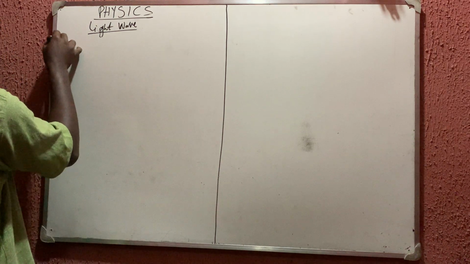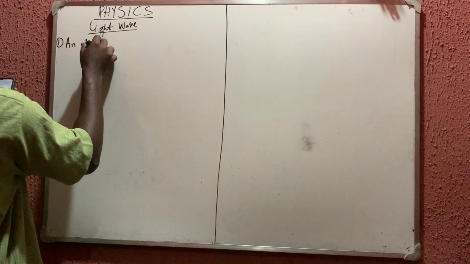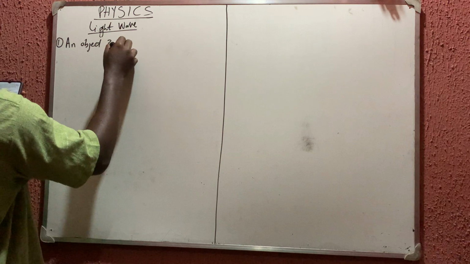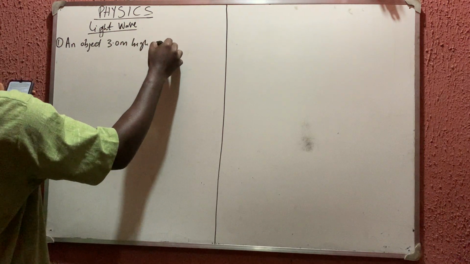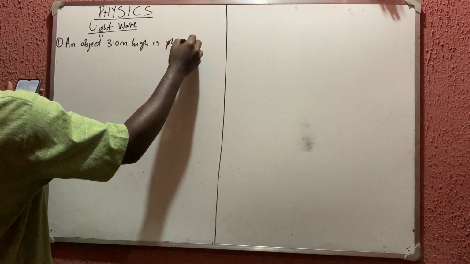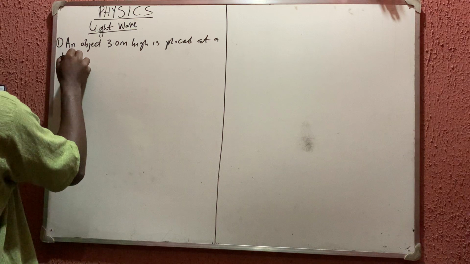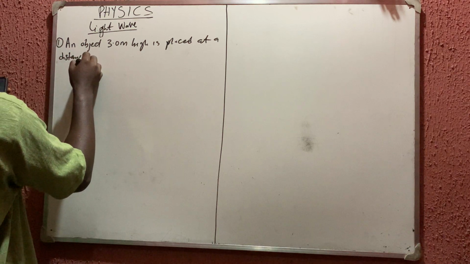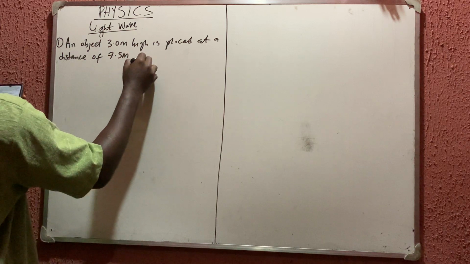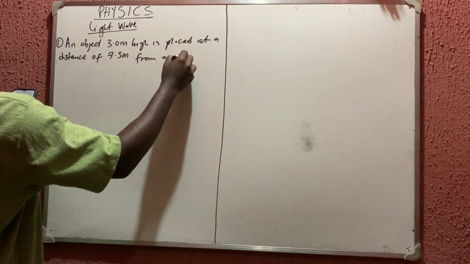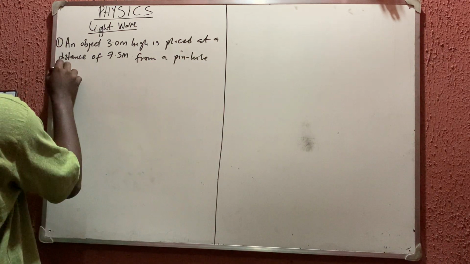So the first question we are going to solve says an object 3.0 meter high is placed at a distance of 7.5 meter from a pinhole camera.